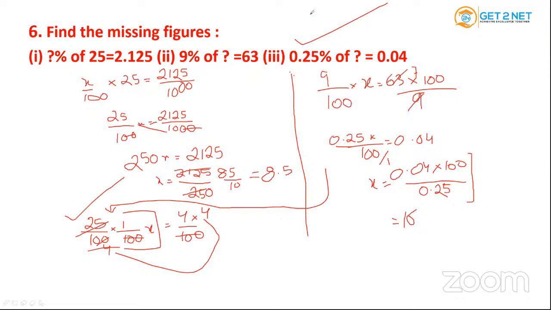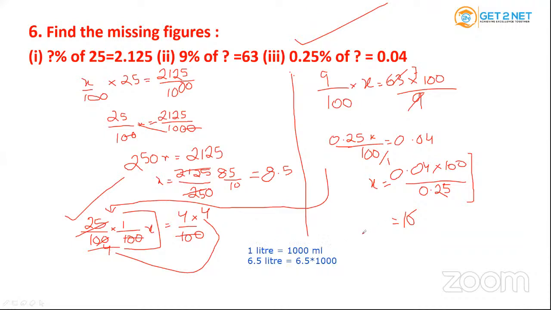Yes, ma'am. Okay. 1 liter is equal to how much milliliter? 1000 milliliter. 6.5 liter is equal to 6.5 into 1000. You don't know how to do this, right?